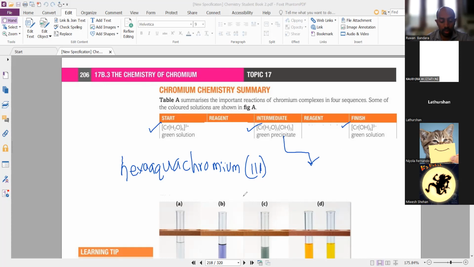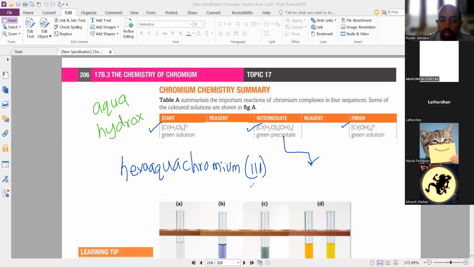Kaushika, name of the second one. You have an aqua complex and a hydroxo complex.